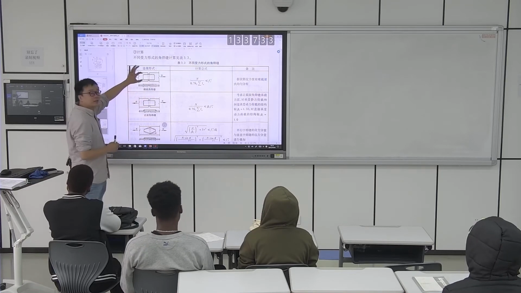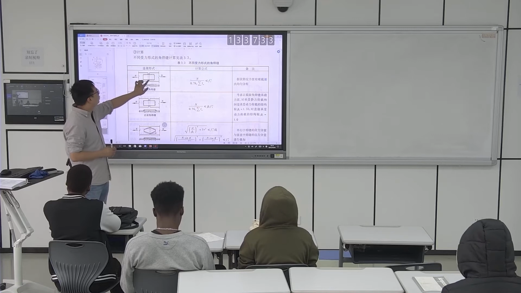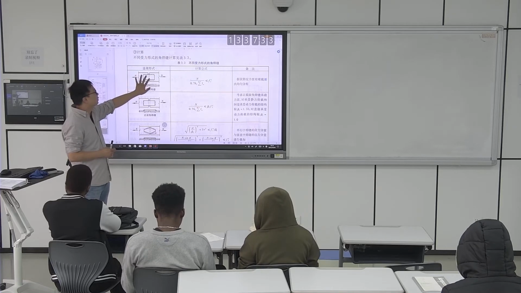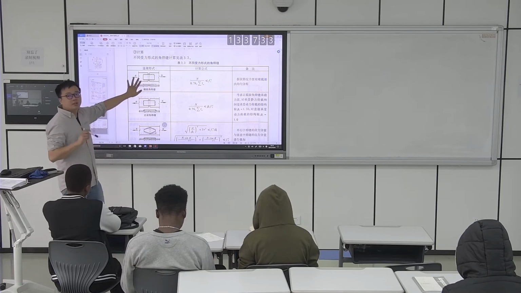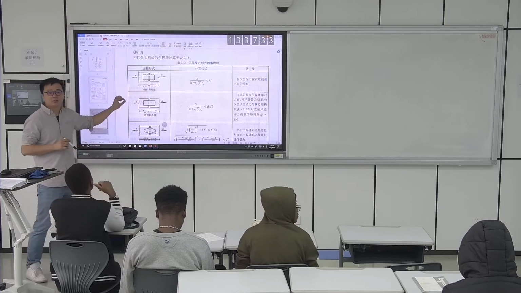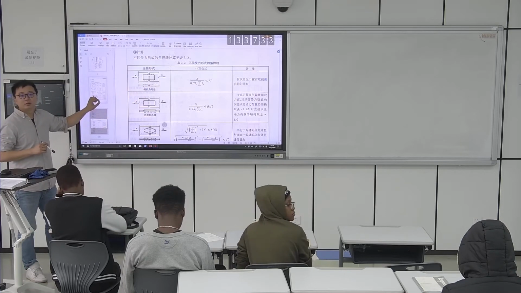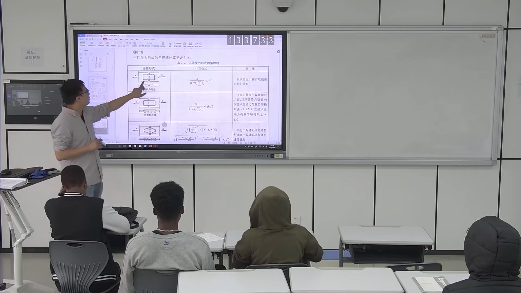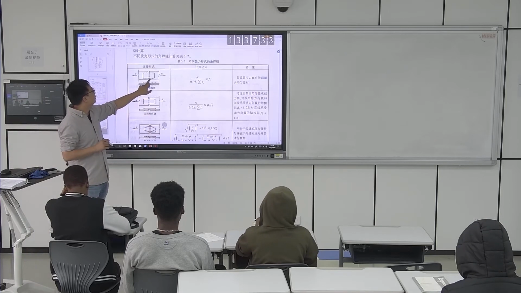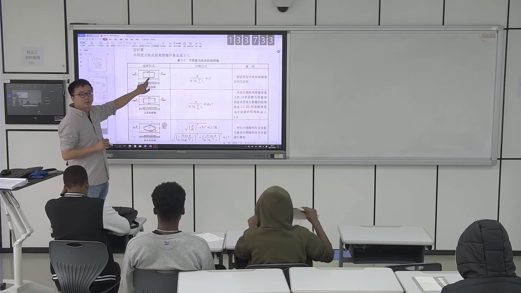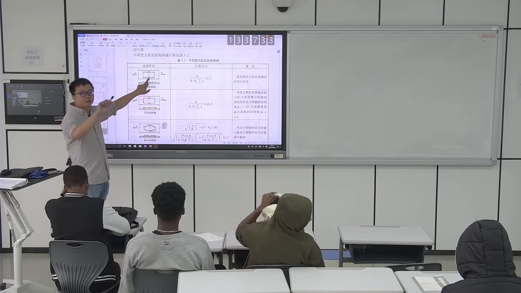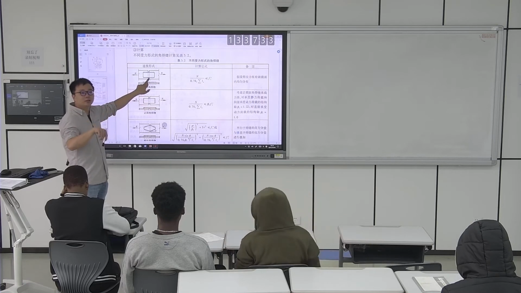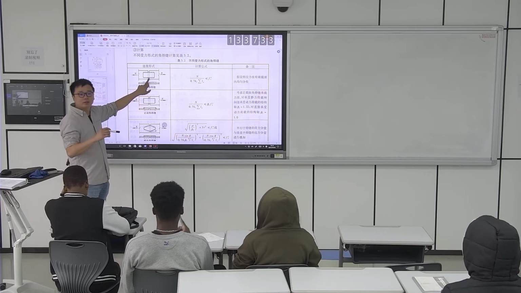We use a plate to connect the welding together, right? This welding method is called what? Okay, the type of the welding is what? Corner welding, right?